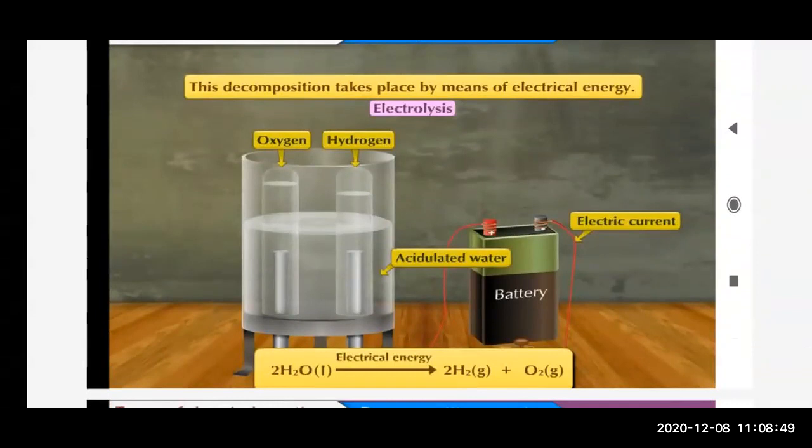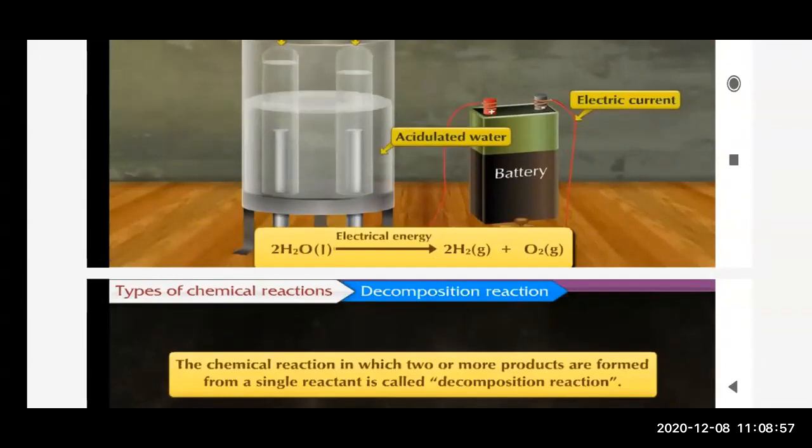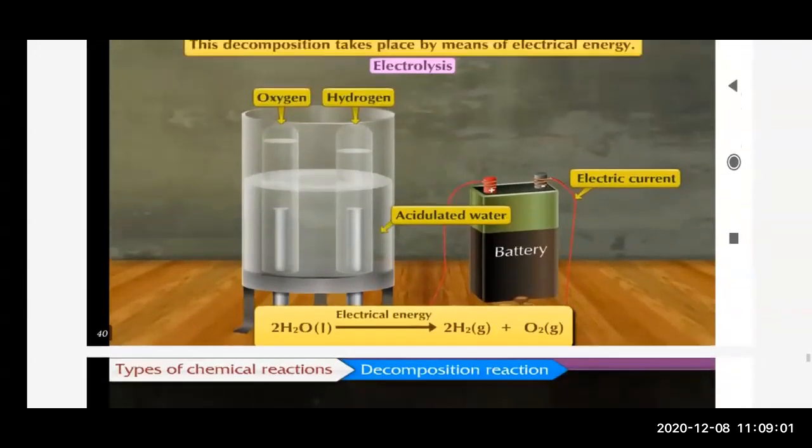The reactant is water, and the products formed are H2 gas and oxygen gas. So here we have seen three examples. The first is calcium carbonate, the second is hydrogen peroxide, and the third is water.